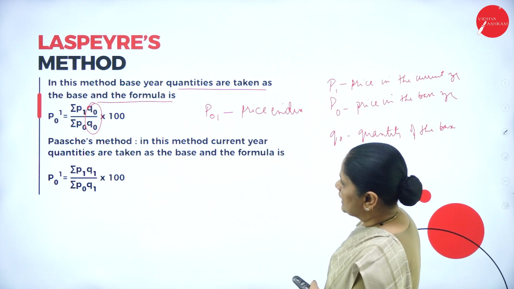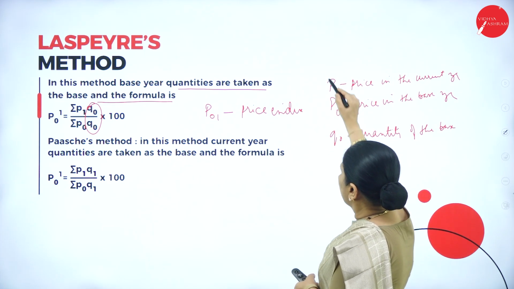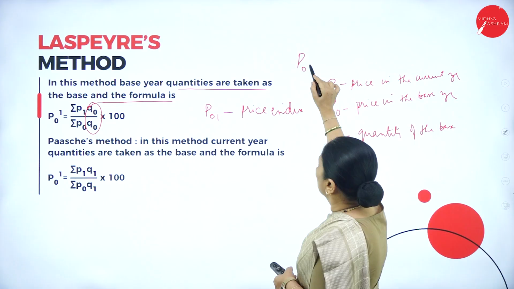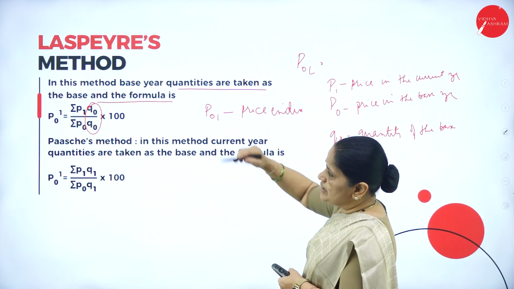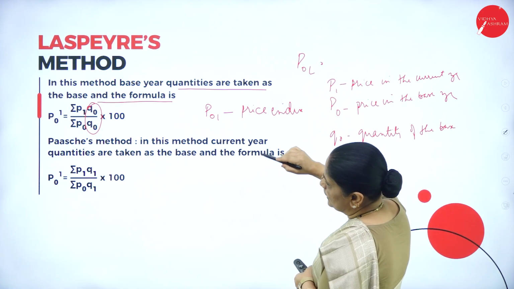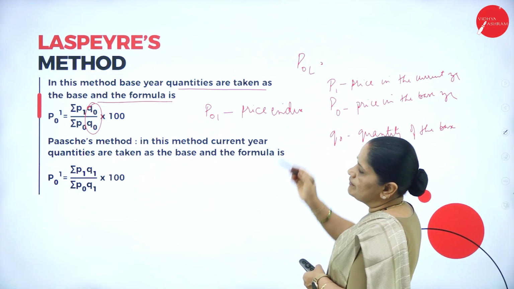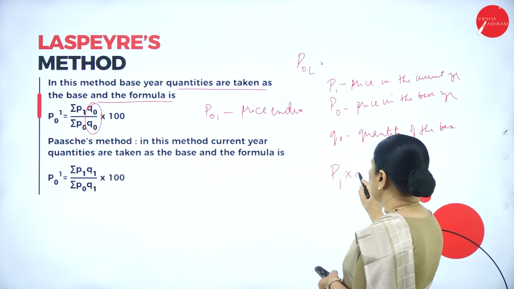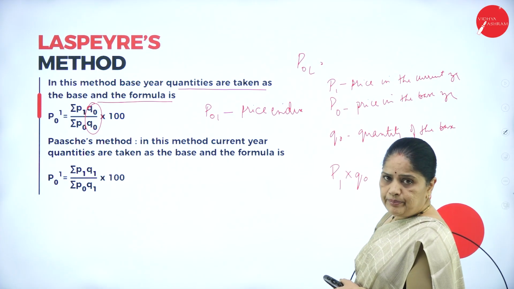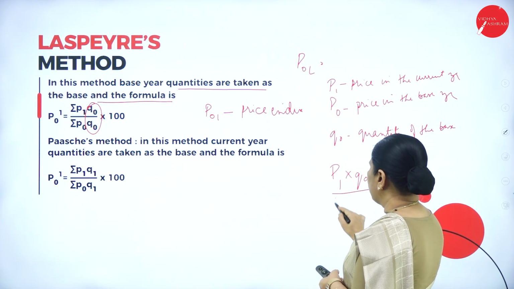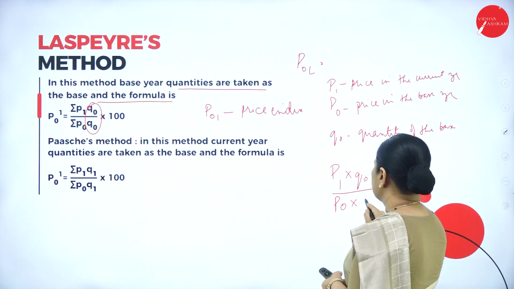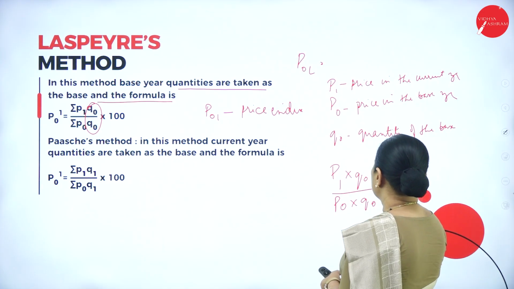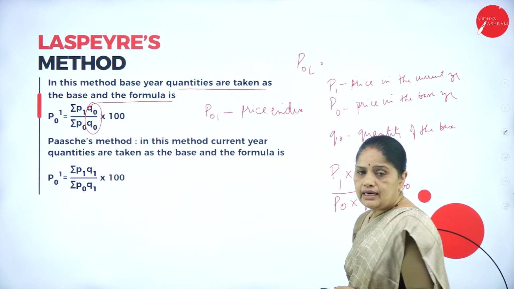So if we have to find P01, that is by Laspeyres' method, we have summation P1Q0, that is the price of the current year into the quantity of the base year, divided by the price of the base year into the quantity of the base year, into 100.